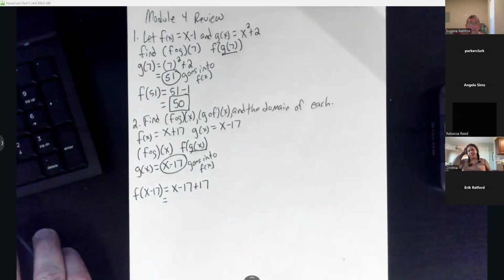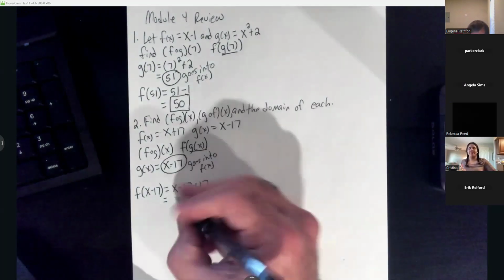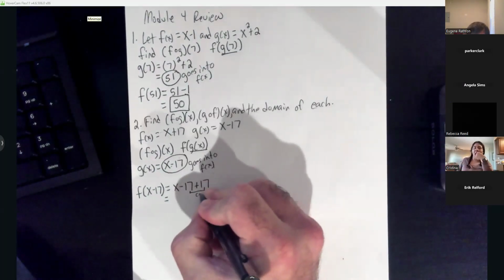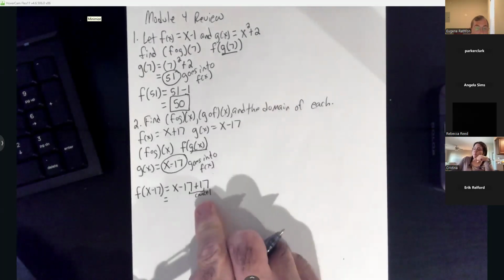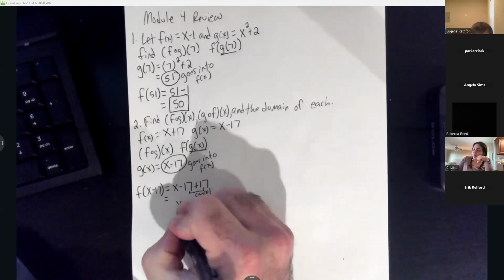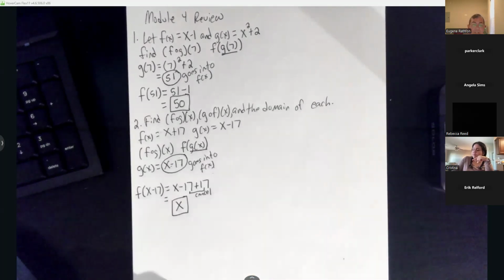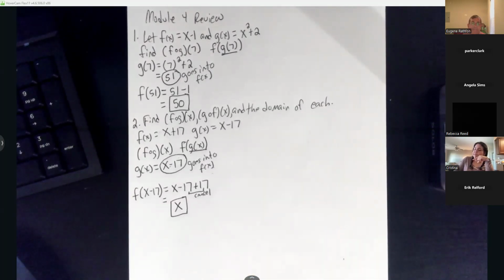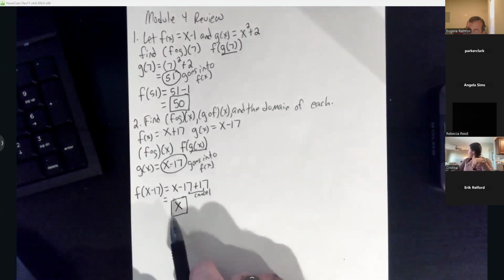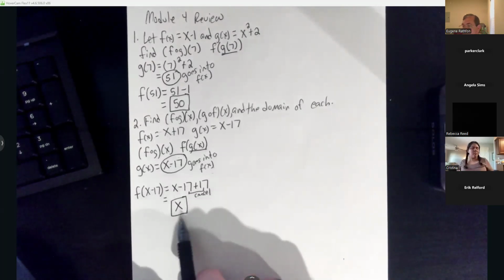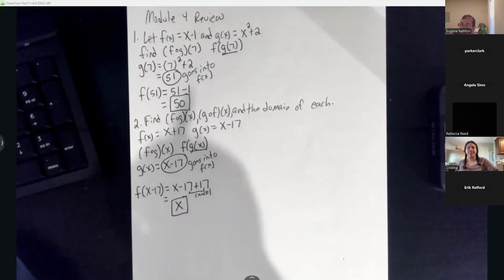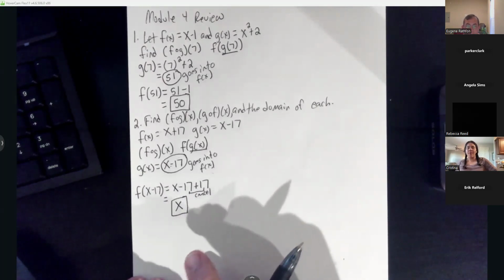Yeah, wouldn't the 17s just cancel out? Yeah, those 17s are going to cancel. Good job. And since those cancel, our final answer will be just x. And y'all, your numbers will cancel out just like mine. So we should all pretty much end up with x's on that one, okay?